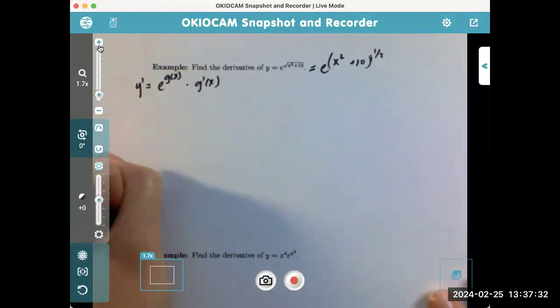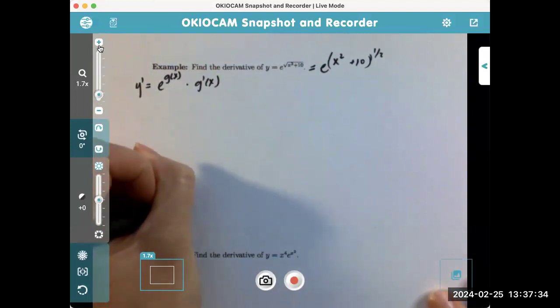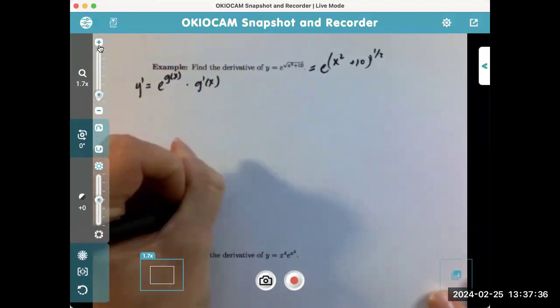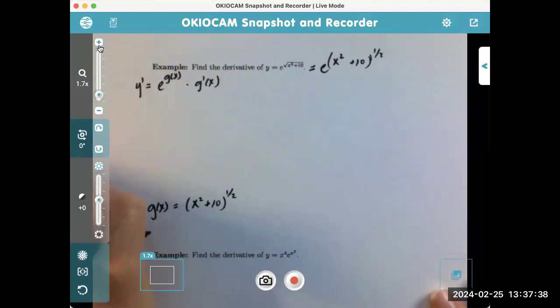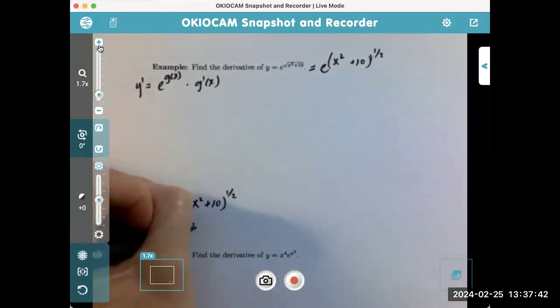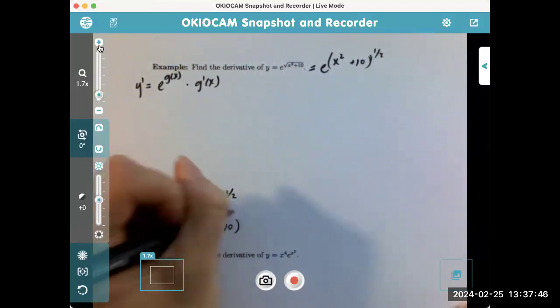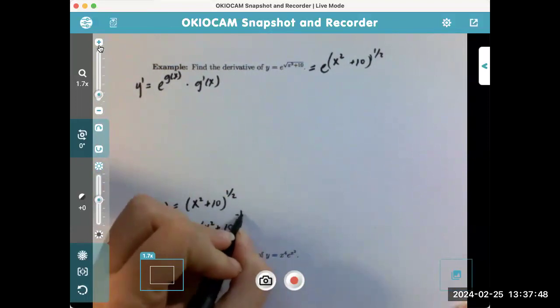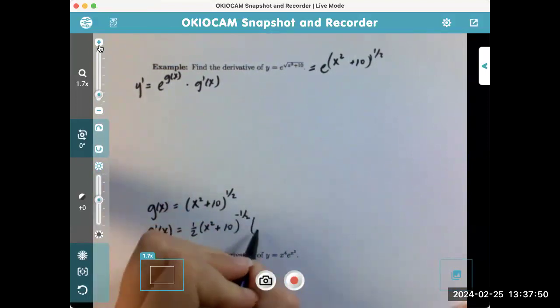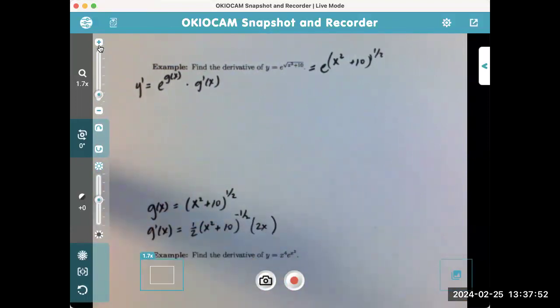So down here, if g is x squared plus 10 to the 1/2, well, g prime is its own chain rule, right? The 1/2 comes down, copy paste the inside, bring 1/2 down by 1, so that's negative 1/2. Now times the derivative of the inside, so 2x.